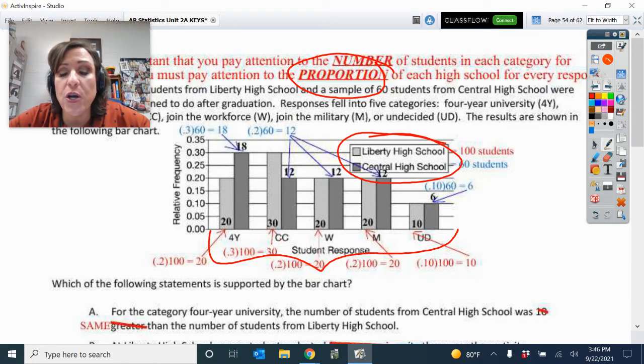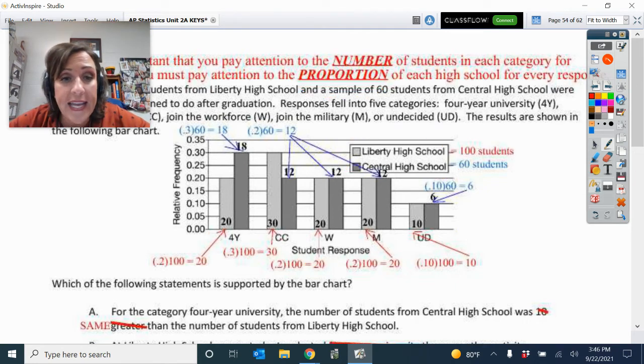Okay? So let's look at this before I even start answering questions down there. I can see that there's a higher rate of students from Central High School that go to a 4-year university than Liberty. And there's a higher rate of students from Liberty High School that go to community college.